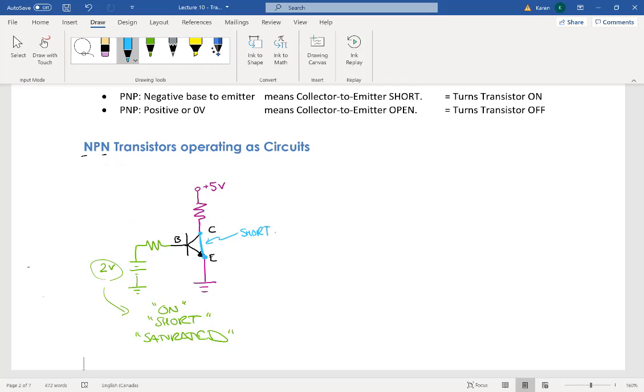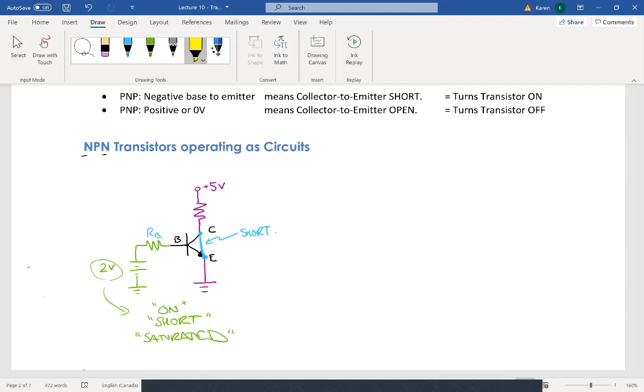There is a resistor here, and the resistor is going to say, hey, current from this 5 volts, you're going to flow through this resistor. Now you get to here, do you want to go this way or do you want to go this way? Well, it's going to go on the path of least resistance, and in this case, the path of least resistance is straight down to ground.